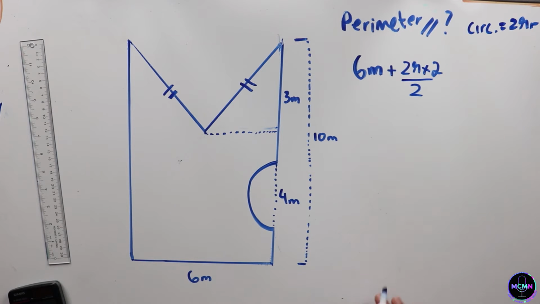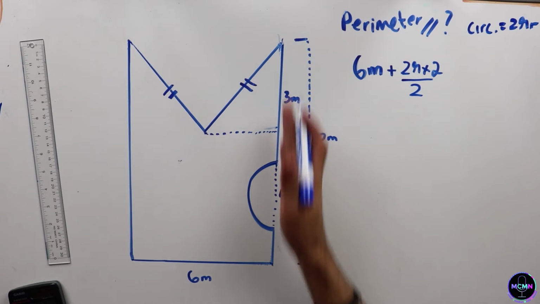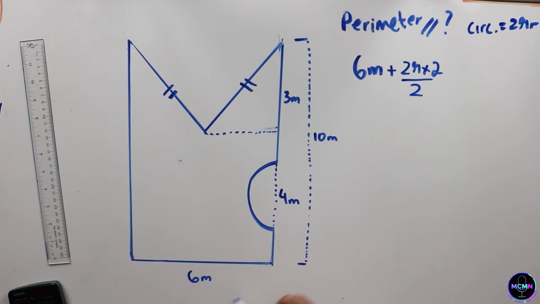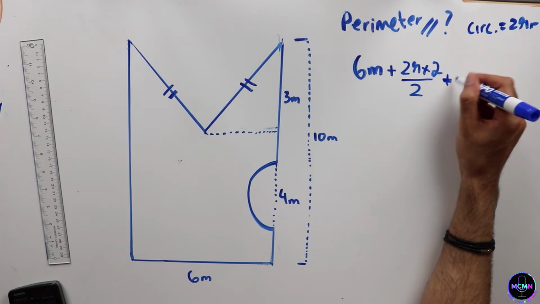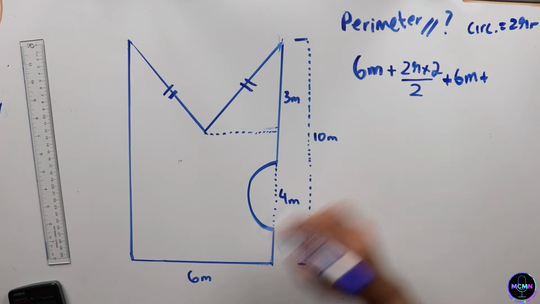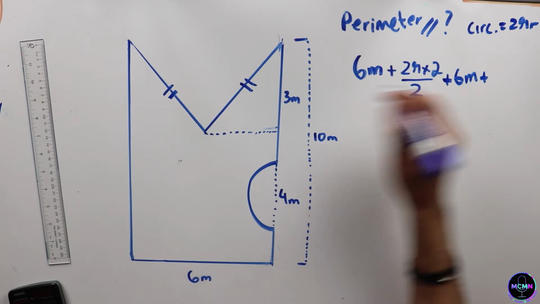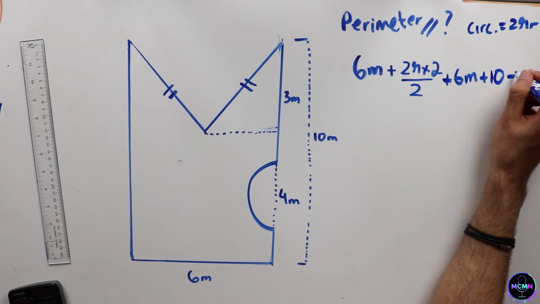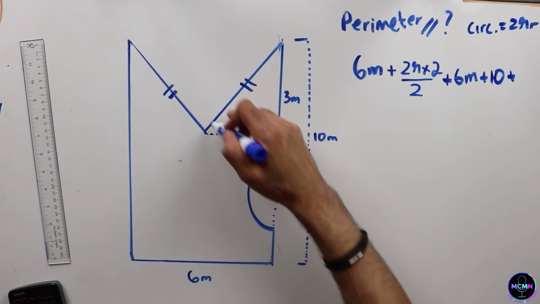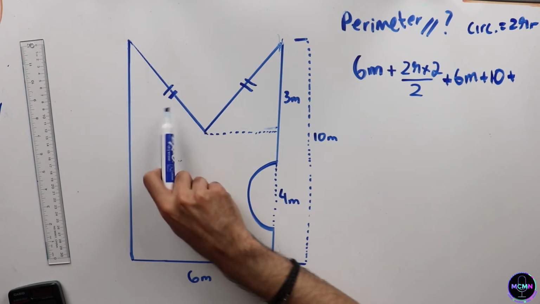Moving on to this side, nothing complicated here, just adding another 6 meters. Going around. This side, of course, is parallel to this 10 here, so it must be 10. No gaps or anything like that. And now I'm here at the triangles. Now, these two lines on the edges indicate that it's an isosceles triangle. This length equals this length.